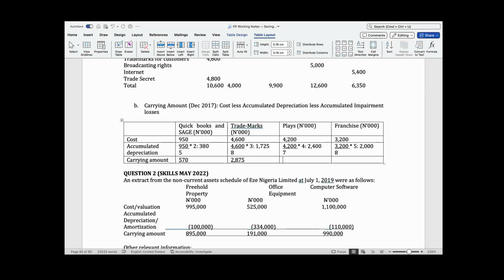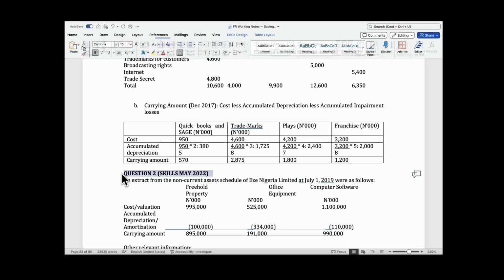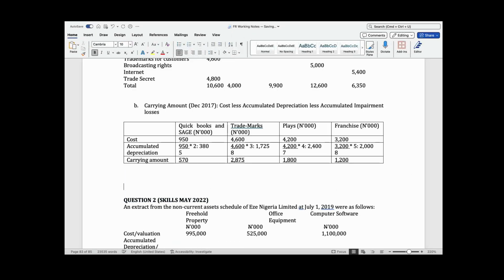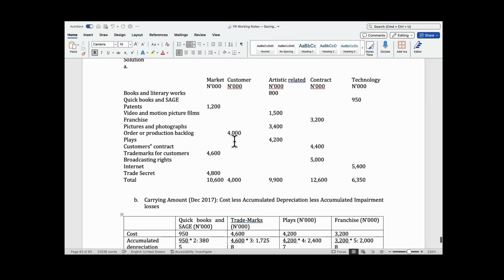What is 4,200 minus 2,400? 1,800. What's 3,200 minus 2,000? 1,200. 2,200. Okay. So that is the solution for that.